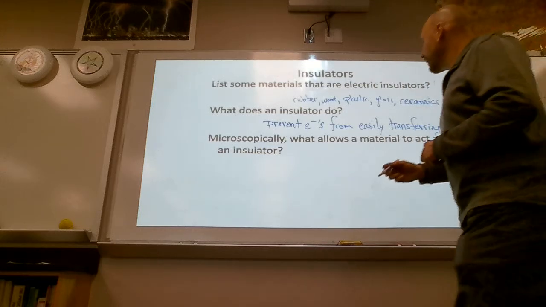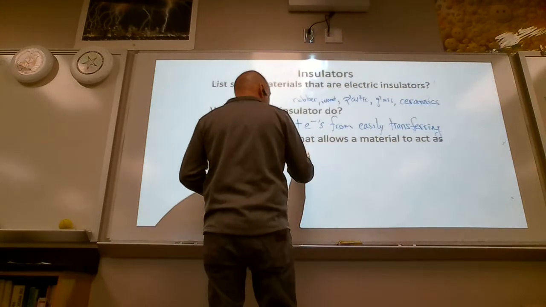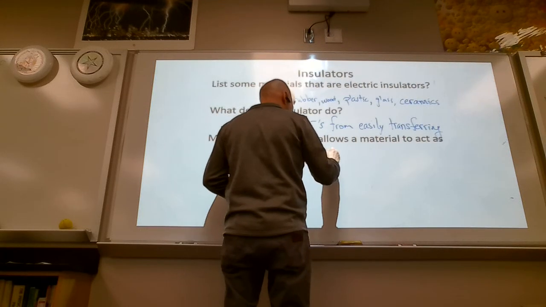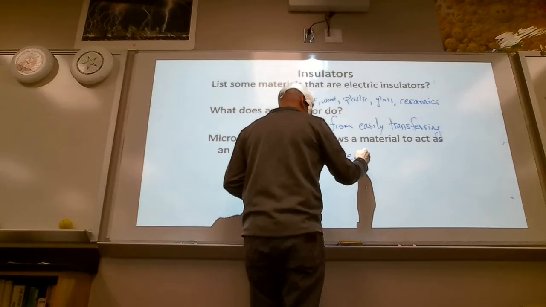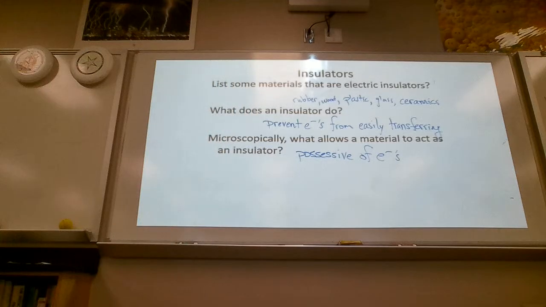So microscopically, these are possessive of their electrons. Kind of reminds me of American suburbia. Okay, dude, can I borrow your lawnmower? No. Yeah, but you're not using it. Yeah, but I will on like Saturday. Yeah, but it's like Wednesday. Go buy your own lawnmower.